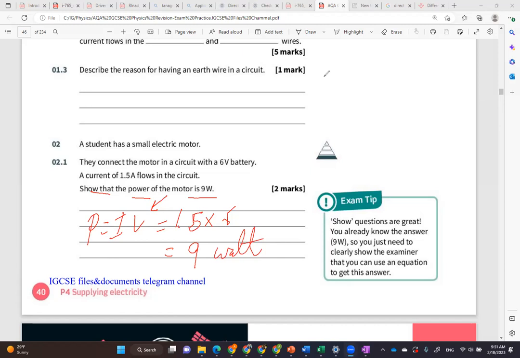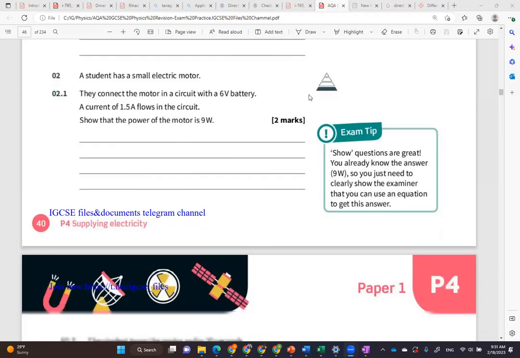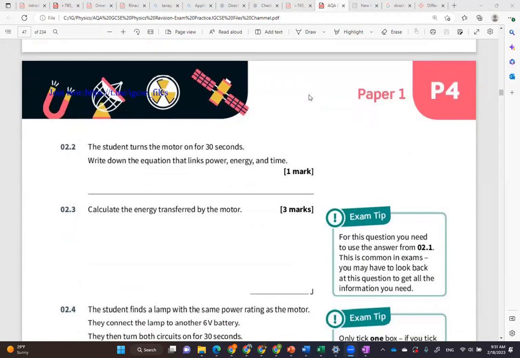Let me move down. I have to erase the drawing to move down. The student turns the motor for 30 seconds. Write the equation that links power, energy, and time. Who can give me this equation? Power equals energy over time. Exactly, thank you. Not power over time equals energy.